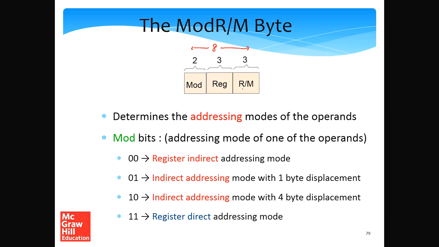Let us call the first one source 1 and the other source 2. If the mode bits are 0, 0, it means that the register indirect addressing mode is being used without a displacement. Displacement is the same as the offset, so no displacement.